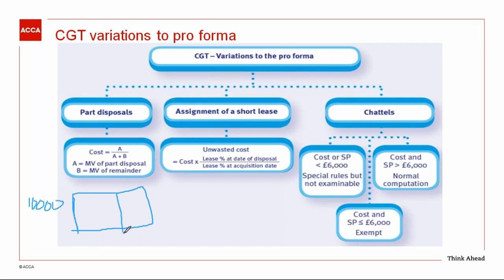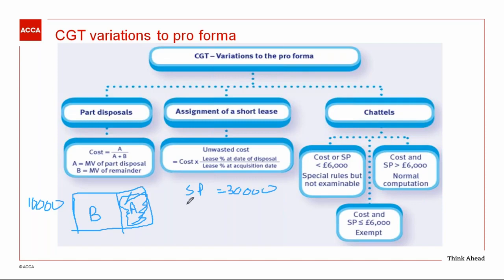Assume you are selling only part of the land. Say you are selling only this part of the land. I'll call it A, and the remainder, I will label it as B. So assume you are selling this part A, say for 30,000 pounds.